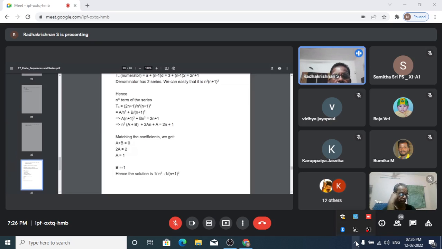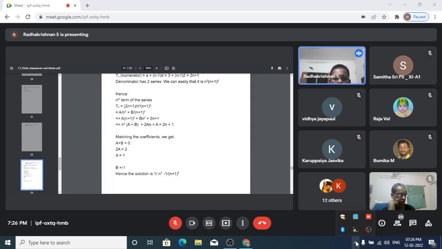See, you can see that Tn equal to 2n plus 1 divided by n square into n plus 1 the whole square is equal to a by n square plus b by n plus 1 whole square. Now if you multiply the whole thing by n square into n plus 1 whole square, that is the technique we use in partial fractions.